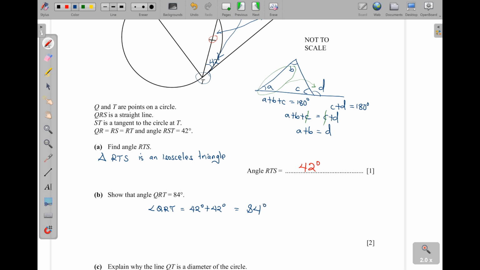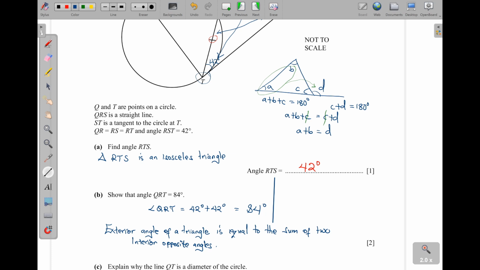I said my reason here is the exterior angle of a triangle is equal to the sum of two interior opposite angles. Two interior opposite angles in a triangle.